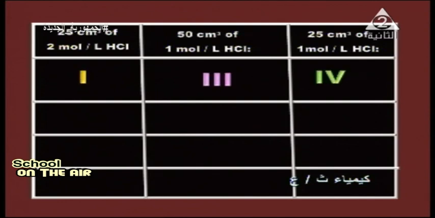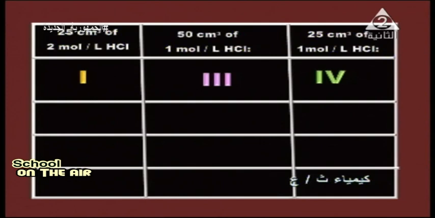If you think about the graphs, here 25 cubic centimeters multiplied by 2 molar will be 50 moles, and here 50 times 1 equals 50 moles also, but the third column will be half the number of moles.